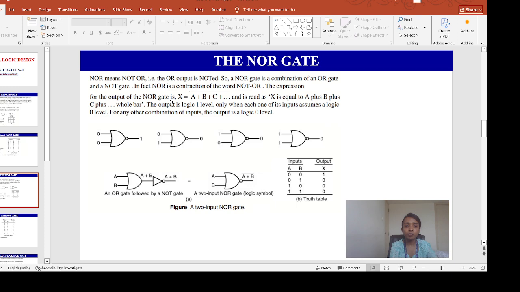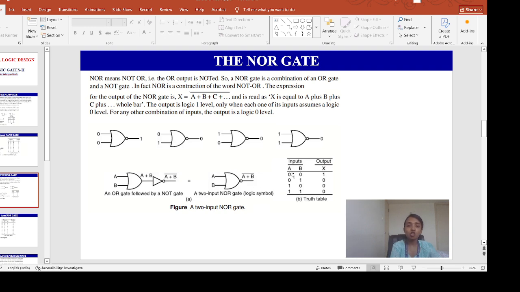The output expression of the NOR gate, we can write X equals A plus B plus C whole bar. This is the basic symbol of your NOR gate. That means not OR. This is my OR gate, right? So output will be A plus B. We have to put a NOT gate here. So output will be A plus B whole bar. This is the logic symbol of your NOR gate.